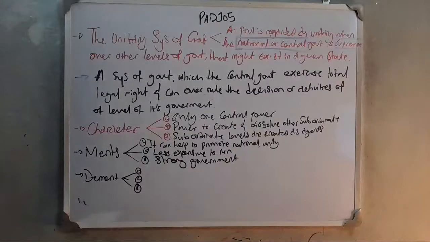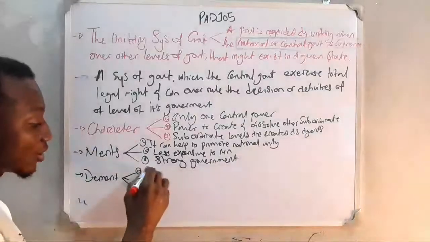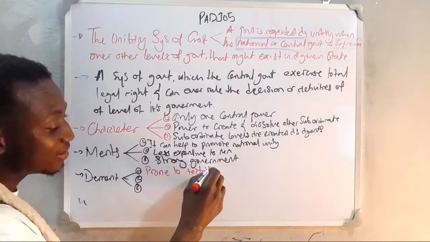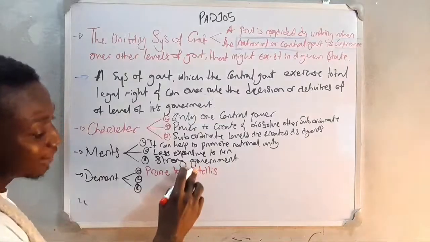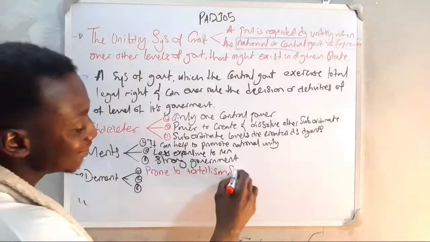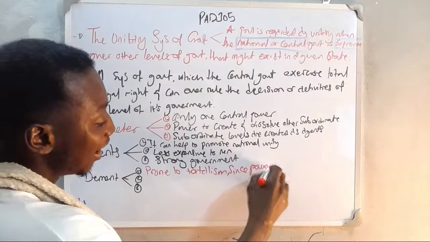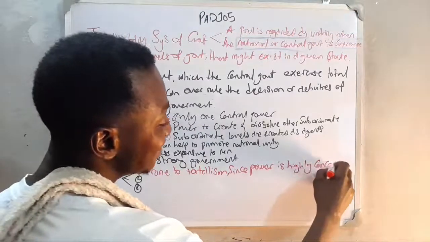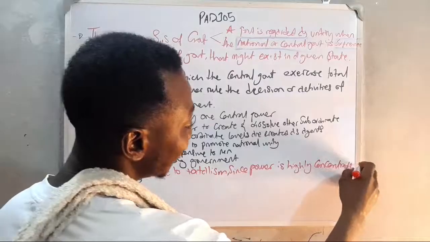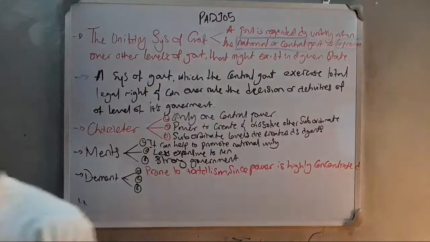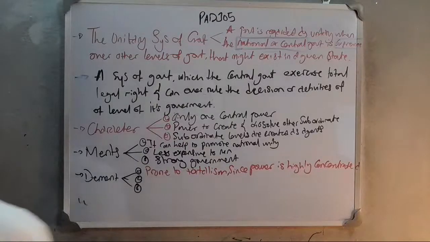So this can lead to totalism or oligarchy. Since power is highly concentrated, it is therefore prone to totalism, oligarchy, or autocracy.